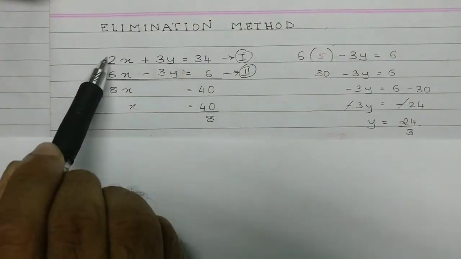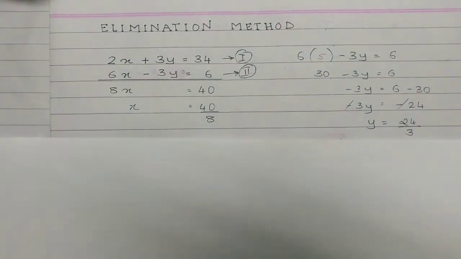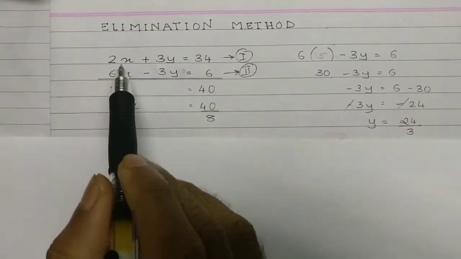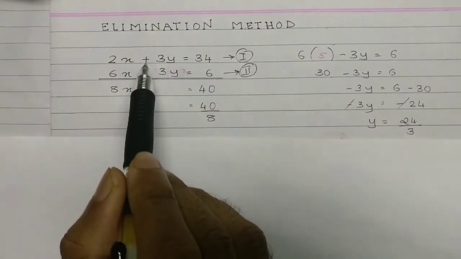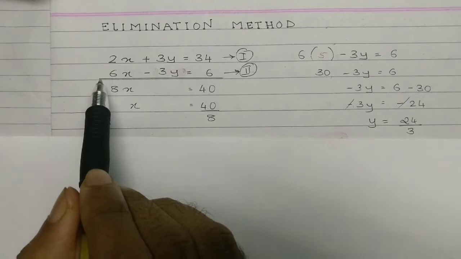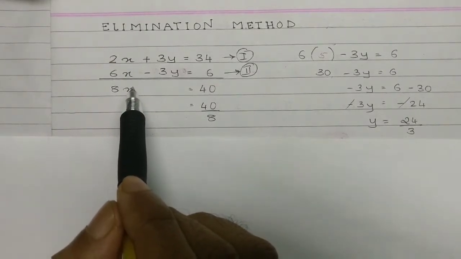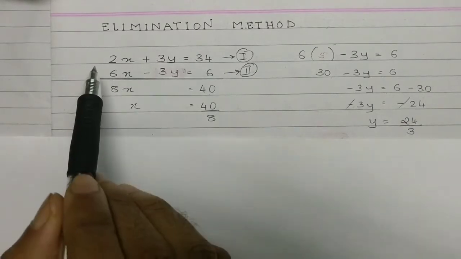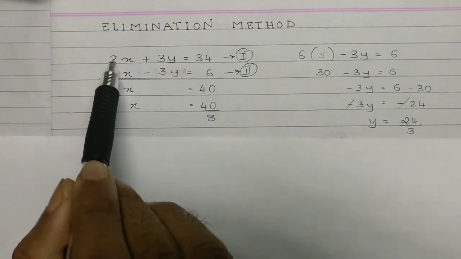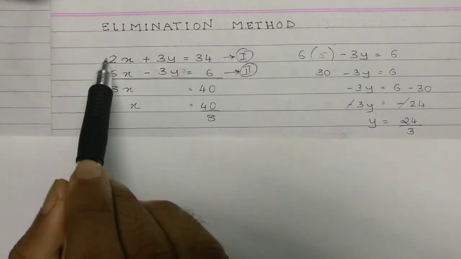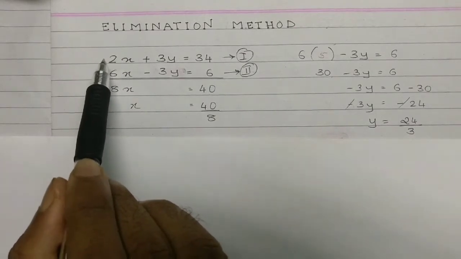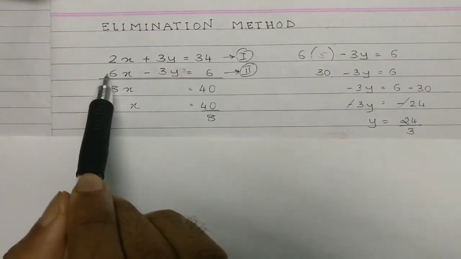Just look at these two equations. So what are we looking at? We are looking for those terms which have two different signs. Either they can be positive, negative or negative, positive. If you look at the terms of the first equation, that is 2x, which is positive, in the second equation this is also positive.